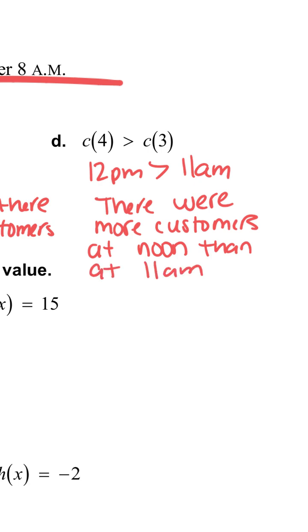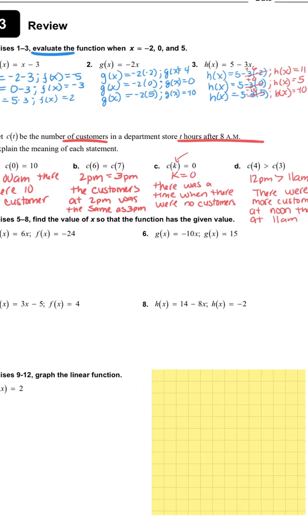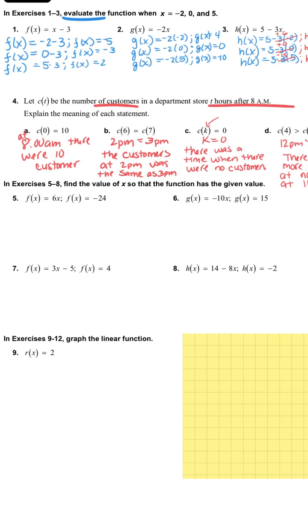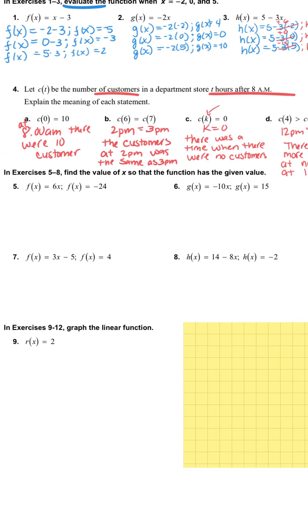Okay? And numbers 5 through 8, they're telling us to solve for who now? Now we're solving for x. We haven't been given x, but so that the function has the given value. Did they give us the function value? Yes, which is what? Given to us as f of x equals -24.